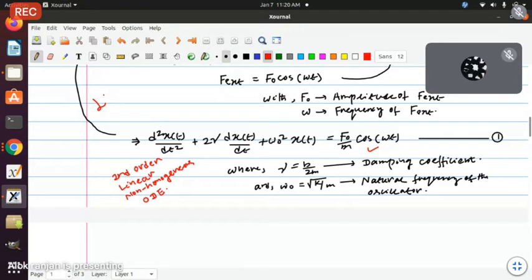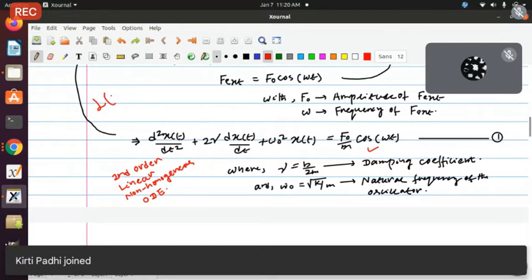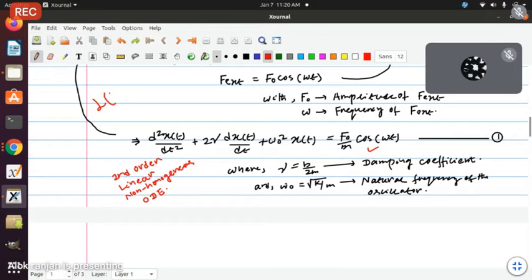If you have a differential equation, normally we can have a power term, so let me write it in differential form, the nth derivative of x over dt, then the (n minus 1)th derivative, and then x(t).